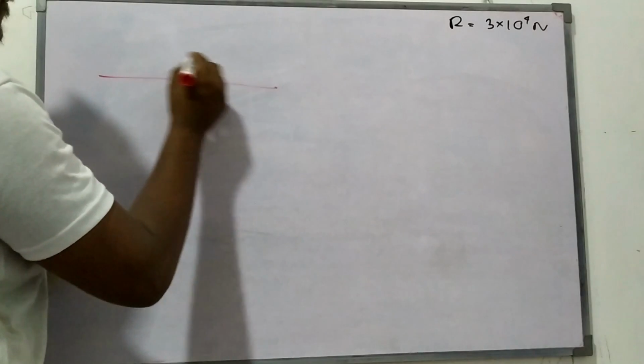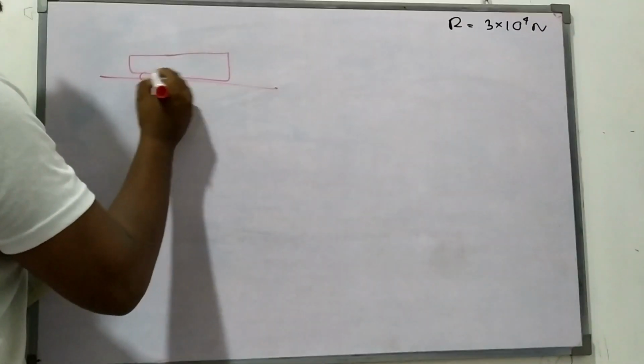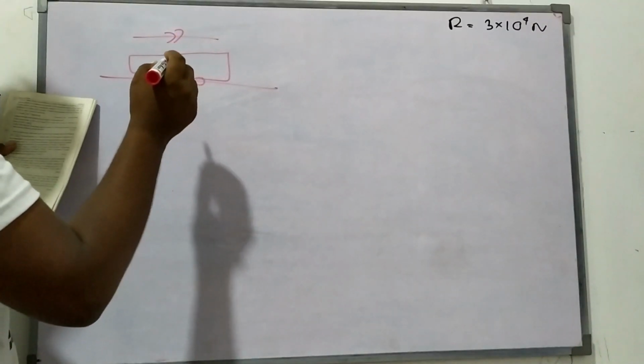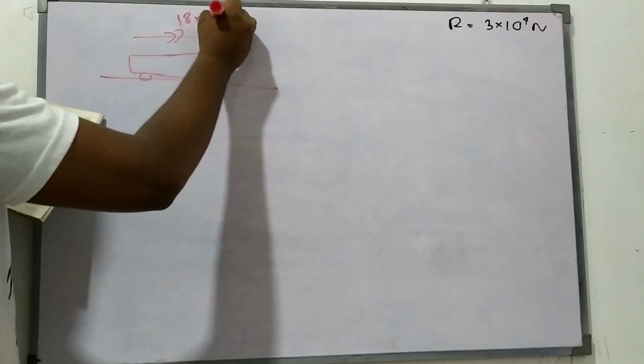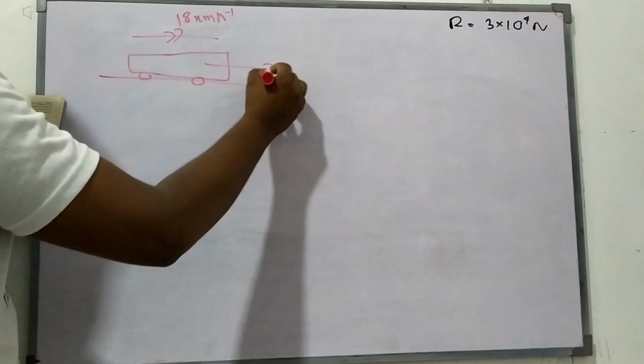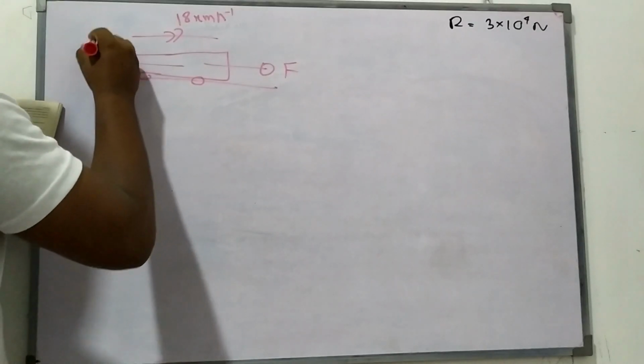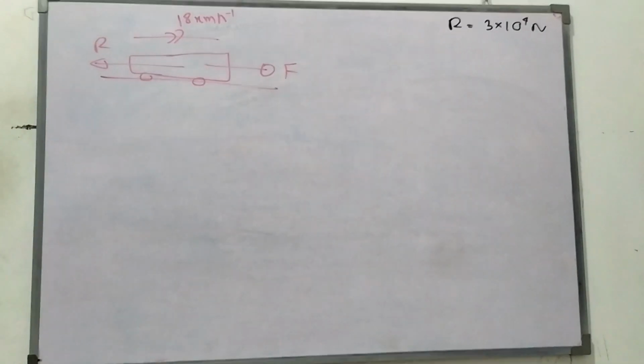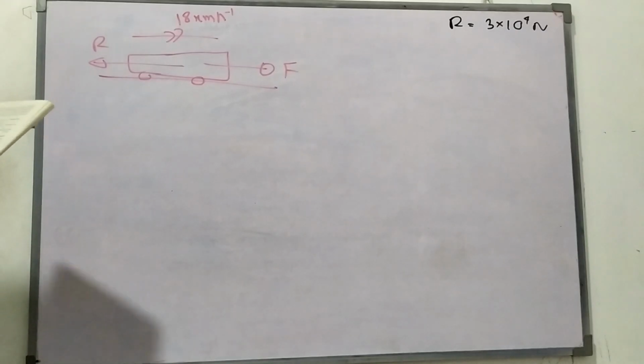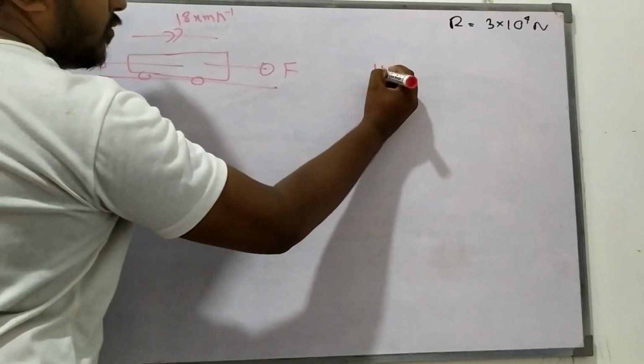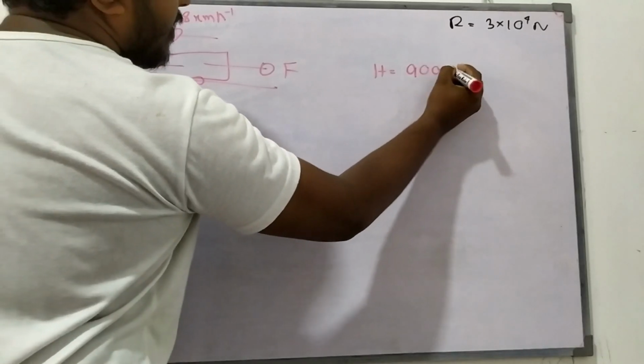And the next part, with a resistance of the same magnitude as before, find the acceleration when a train is moving on a horizontal road, right? So H means 900 kilowatt.